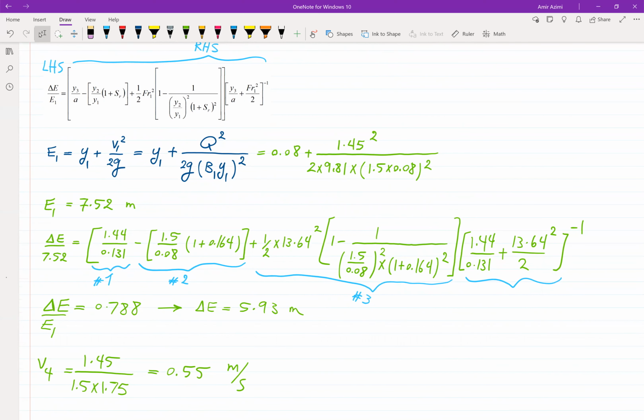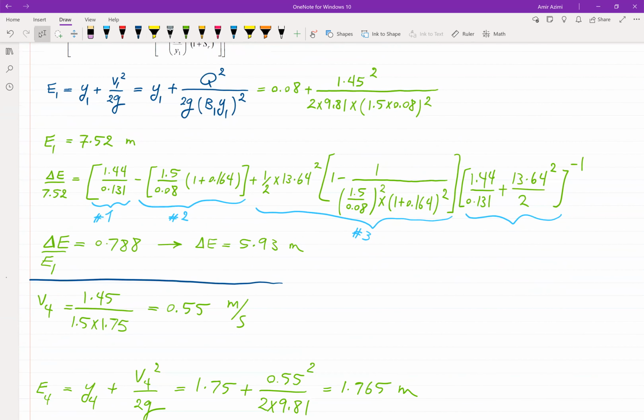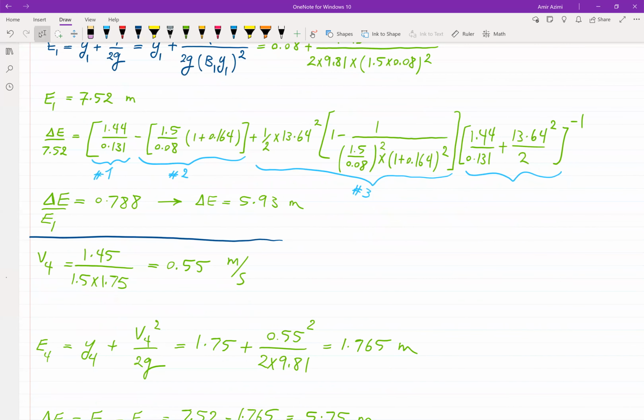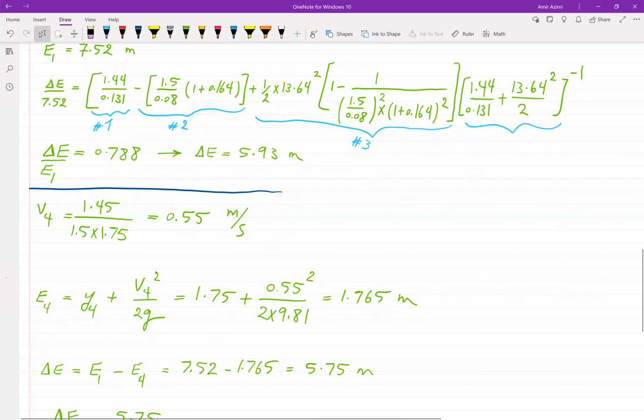We can also calculate the energy loss by simply writing the energy equation. I can calculate velocity at section 4, at Y4, which is Q divided by area, 1.5 times Y4, and that gives me a velocity of 0.55 meter per second. Then I can calculate E4, which is 1.765. Then delta E, which is E1 minus E4, gives me 5.75.